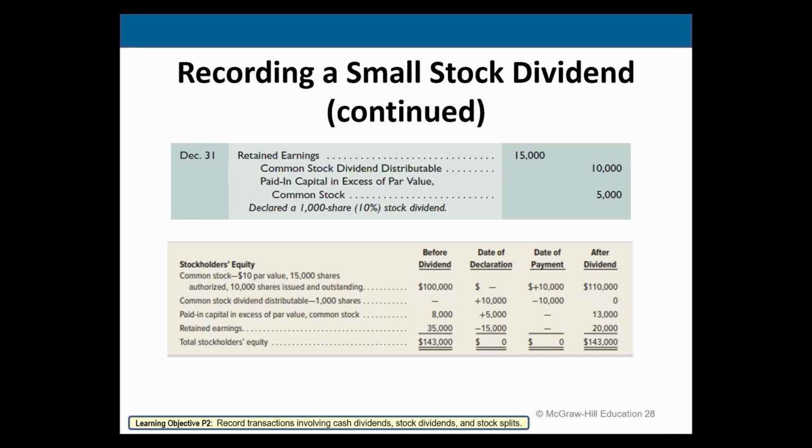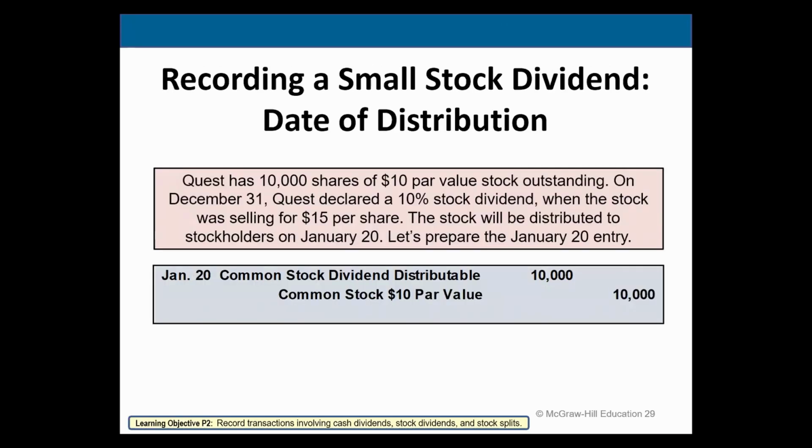A stock dividend, remember, has no effect on the ownership percentage of the individual stockholders. No entry is made on the date of record for the stock dividend. And so then on January the 20th, the date of payment, Quest distributes the new shares to stockholders and records this entry as shown. This entry is reflected in the issuance column in the previous slide.